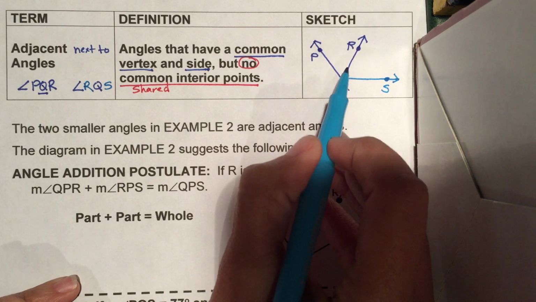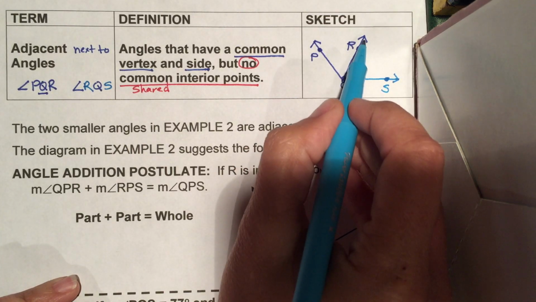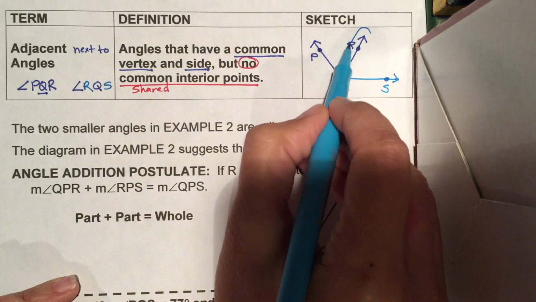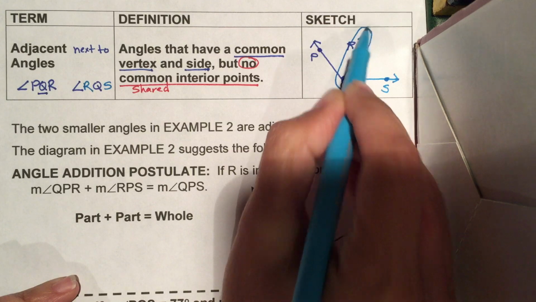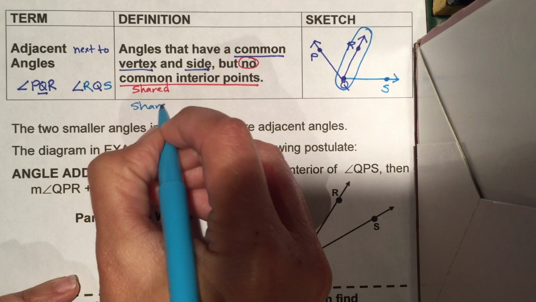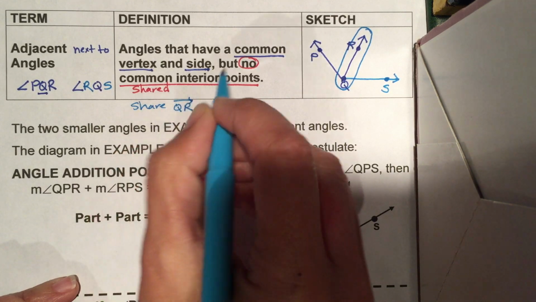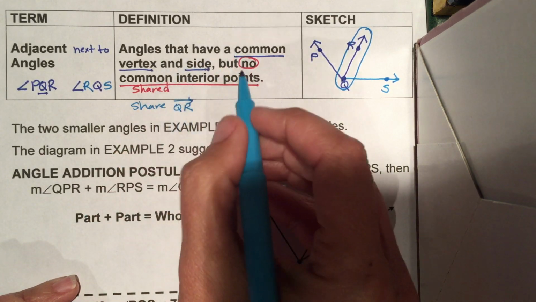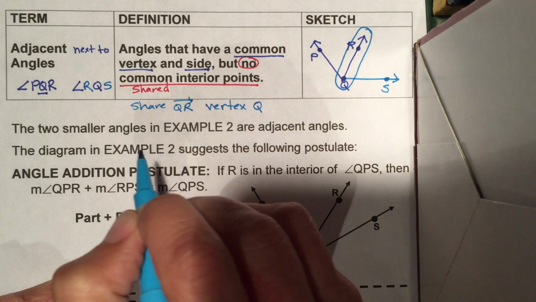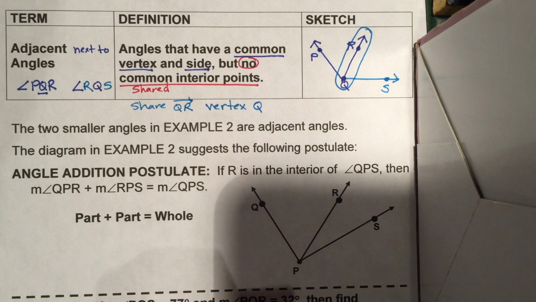These two angles are adjacent because they share a side, and the side they share is QR. They share ray QR. They also have to have a common vertex, and they share vertex Q. That's what makes those adjacent angles. They share a side and a vertex.